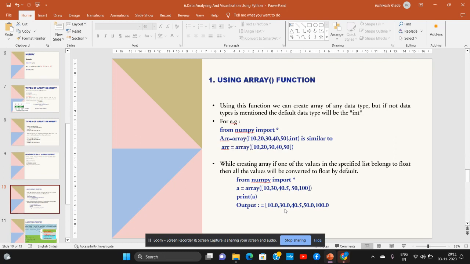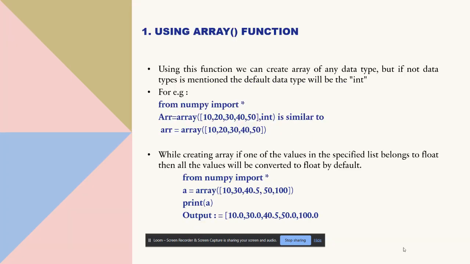Using the array function, you can simply use the array, with elements 10, 20, 30, 40, 50. This is the array elements. And the type is integer by default.